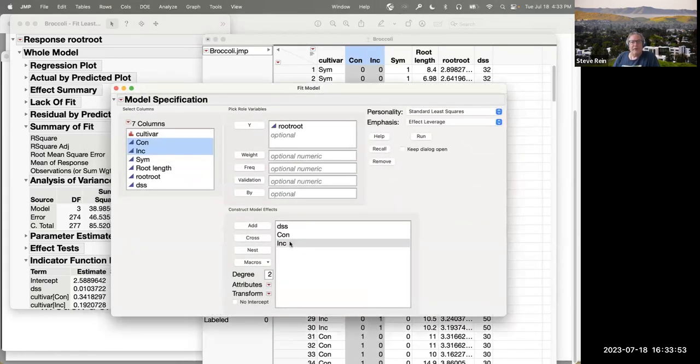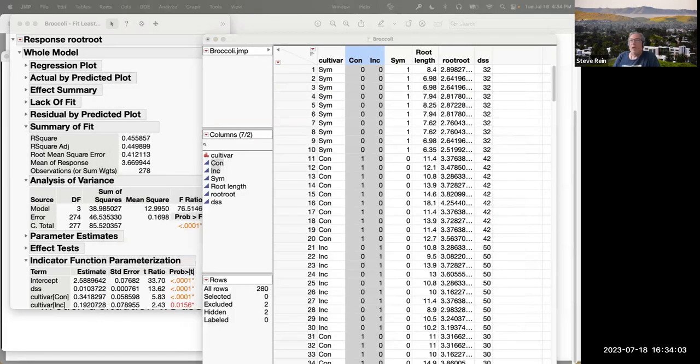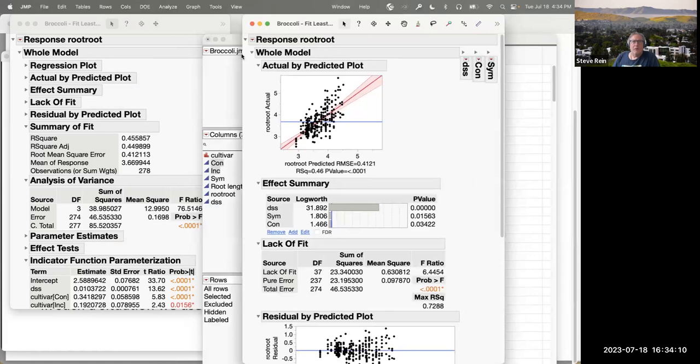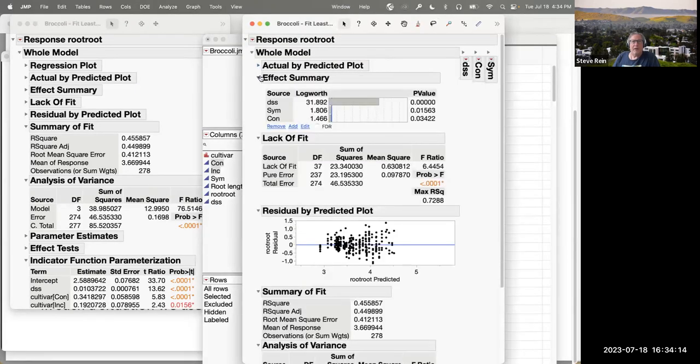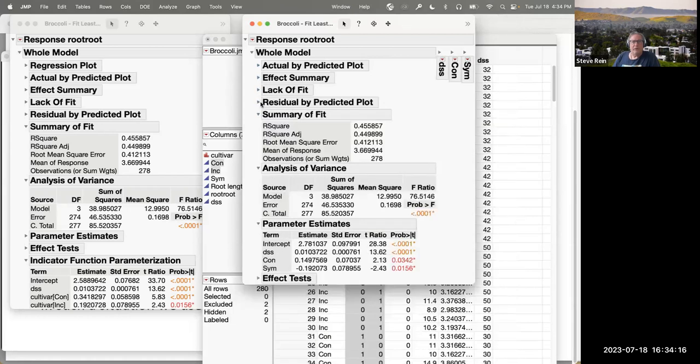I'm going to have, instead of con and ink, con and sim as the two separate explanatory dummy variables, the indicators. And if I were to do that, zooming in to the right part of the analysis: same R squared, same F ratio.